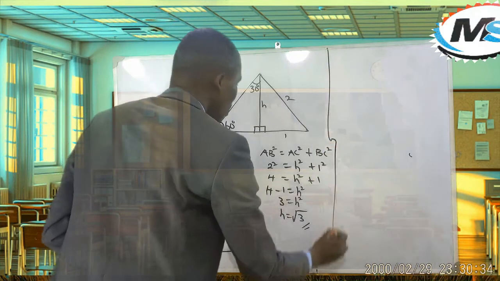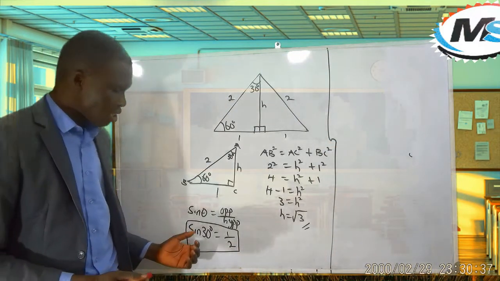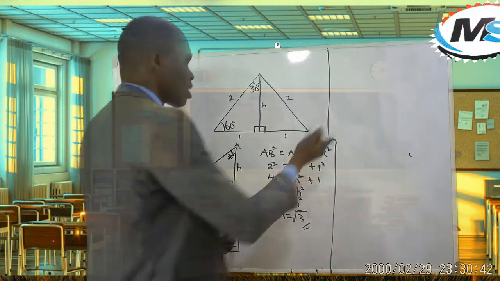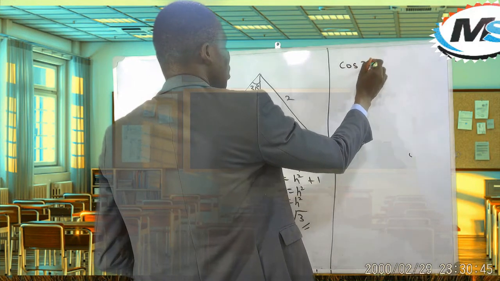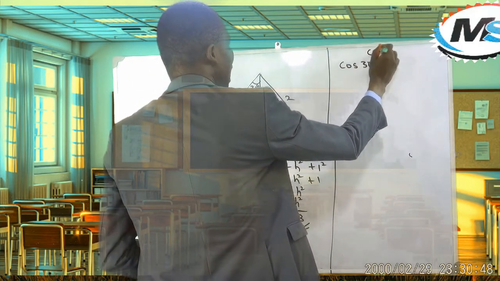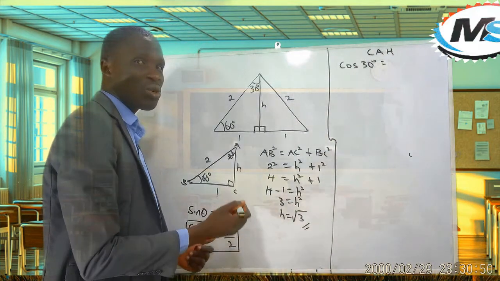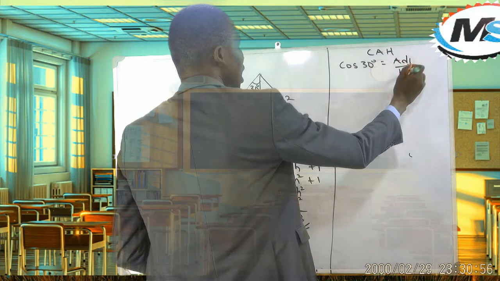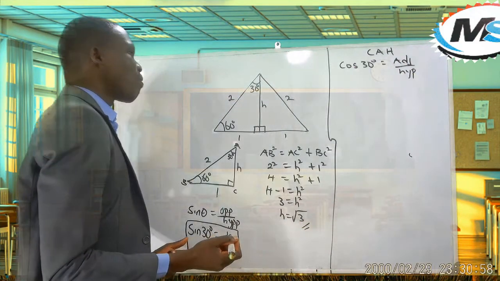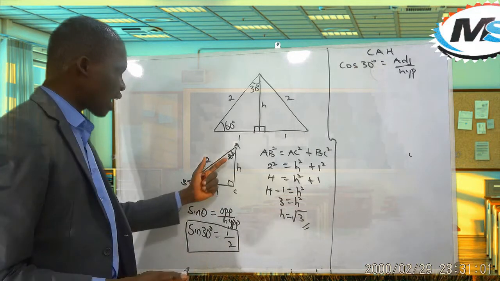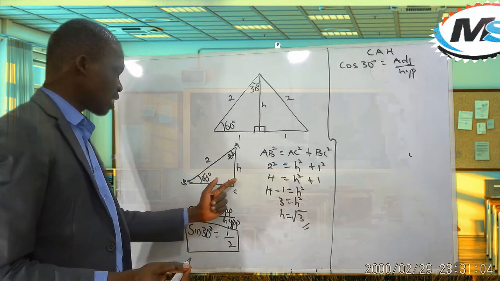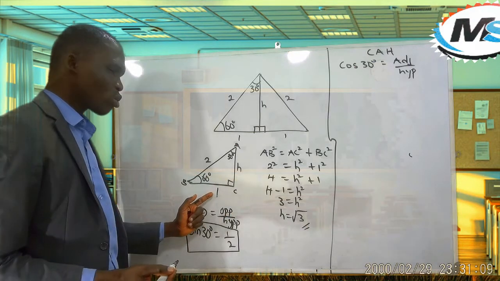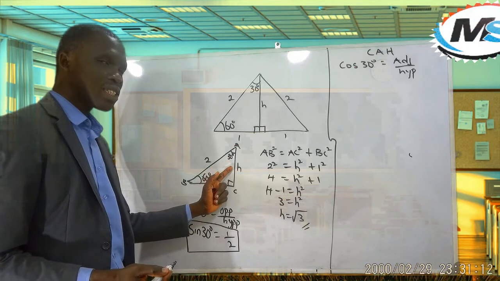Now let's move forward. We have done sine 30 degree. Now let's go to cos 30 degree. Cos 30 degree will give us, can you still remember, SOHCAHTOA, adjacent all over hypotenuse. Now from here, adjacent is H, opposite is 1, because we are dealing with 30 degree.